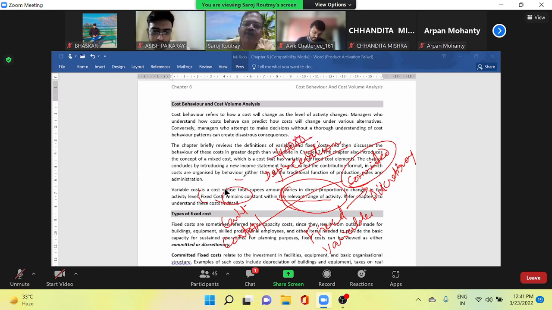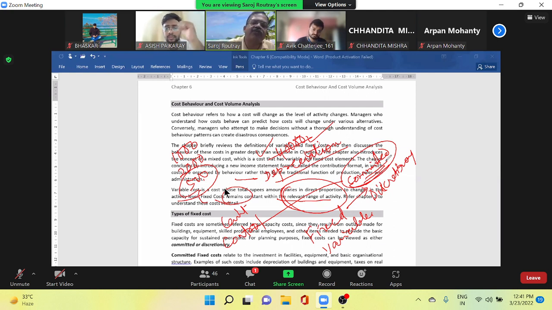No, because if you have a machinery to be used for 5 years, every year depreciation will be 40,000. Whether you use it for 2,000 capacity, or 1,000, or 500, depreciation will remain 40,000. It's a committed fixed cost. You can't control it, you can't reduce it, you can't change it.